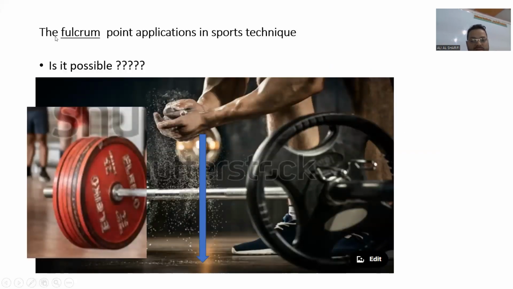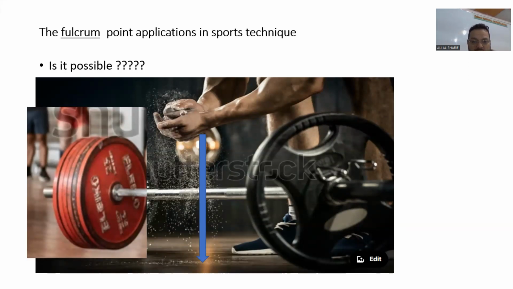Here, let's think about that. This athlete is a deadlifter. If this deadlifter tries to take this weight, what is the opportunity ratio to be able to do this exercise?